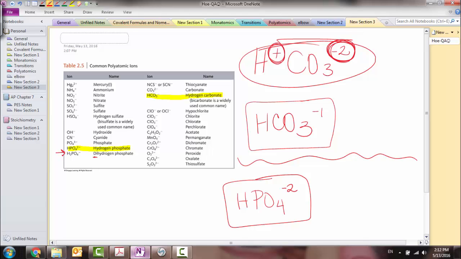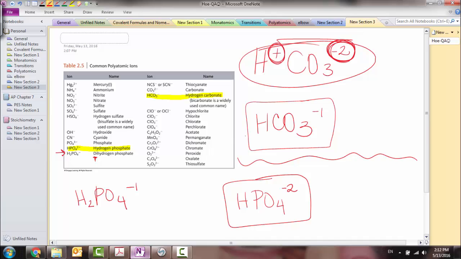Well, you should know that di means 2, so that's adding on 2 hydrogens, and the charge is going to go up by 2. So here's your phosphate again, PO4 minus 3. If you add 2 hydrogens onto the front and they're both positive, the charge is going to increase by 2, so it becomes -1. So that's the last trend or tip that we have for helping you memorize these ions.